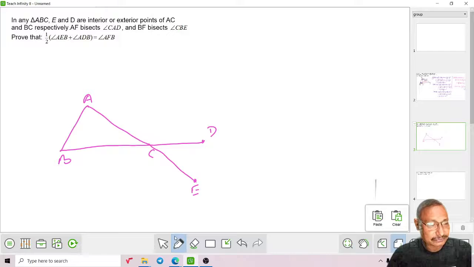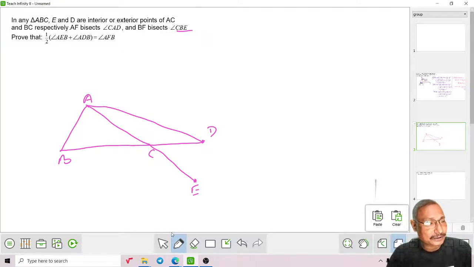Now look here. In this question, it is said the point E is in the exterior of AC and the point D is in the exterior of BC. And now we are to find the bisectors of CAD and angle CBE.